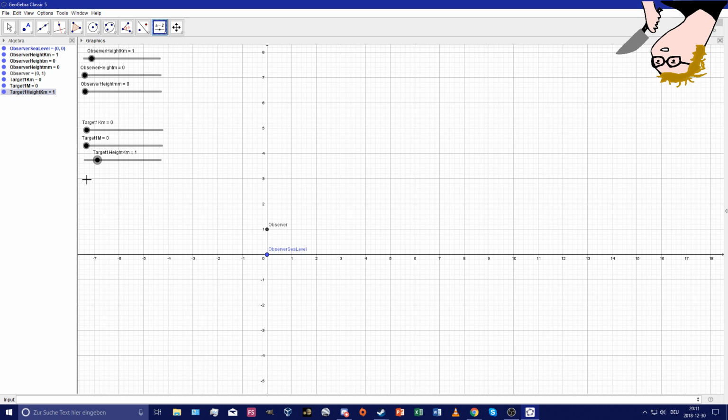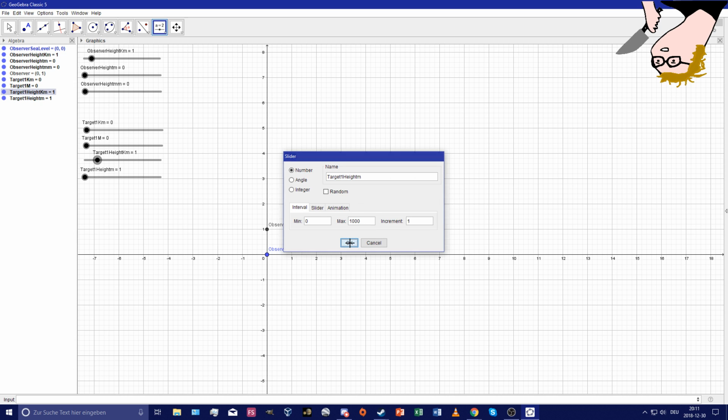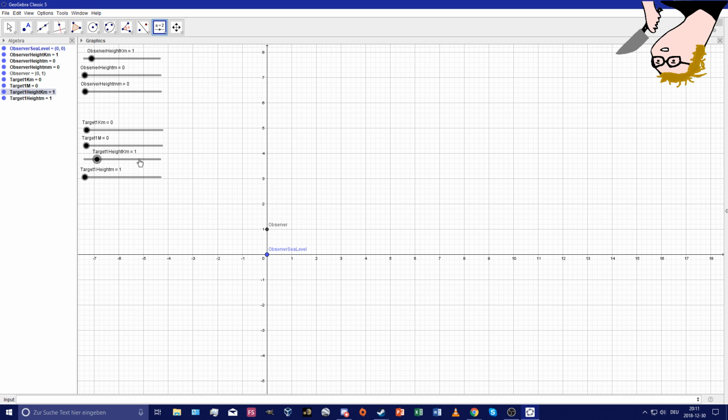And last but not least, target 1 height in meters from 0 to 1000 in increments of 1. Okay. By the way, everything I'm doing today will be uploaded to a Google Drive, so you can use it later if you want to.